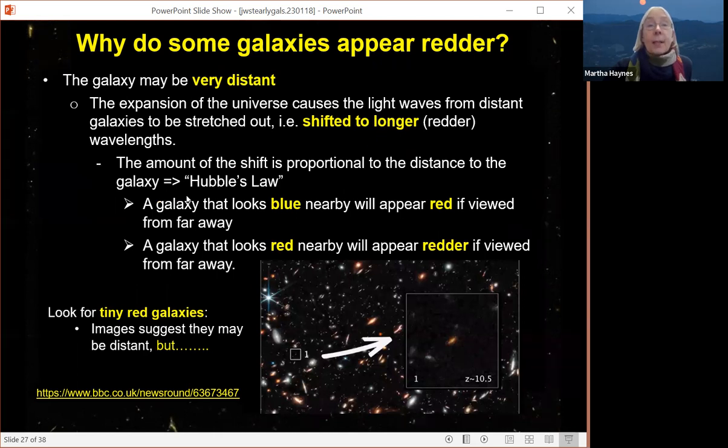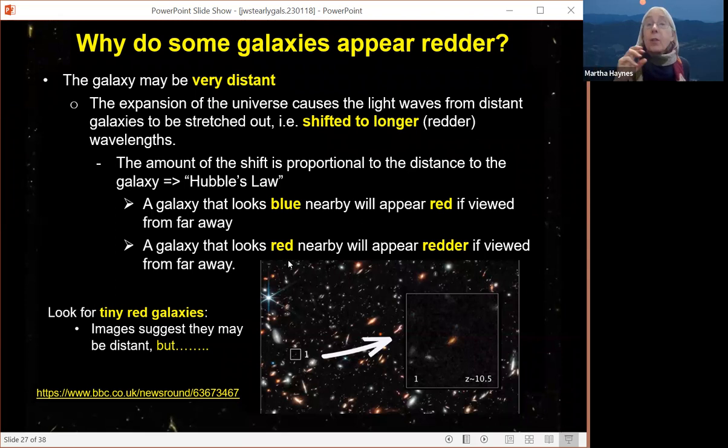So again, the amount of the shift in the light is proportional to the distance to the galaxy. So the bigger the shift, the more distant the galaxy. What that means, and here's another image from JWST, of a galaxy which is believed to be very distant, is that a galaxy that would look blue if we could observe it close to us in the modern universe will appear red if we observe it from very far away.